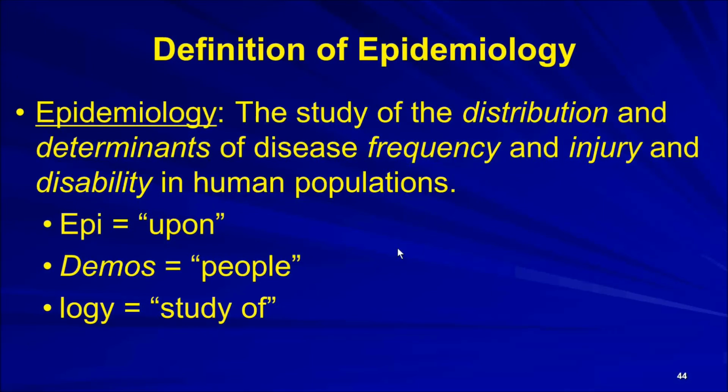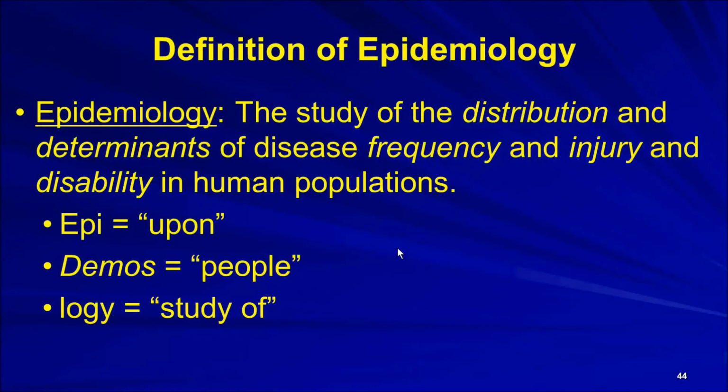So again, I want to emphasize that this is by no means the only definition of epidemiology, but it's a study of the distribution and determinants of disease frequency and injury and disability in human populations. So I emphasize the "and" so that maybe that will aid you in memorization.